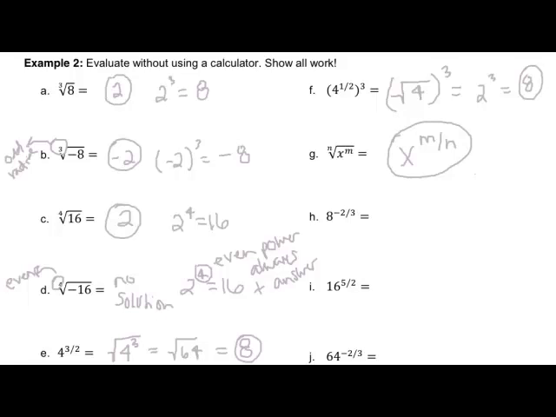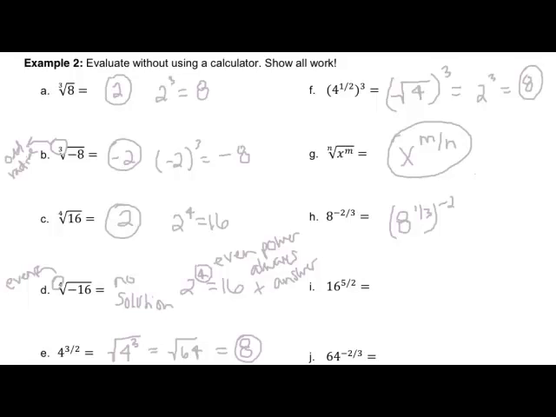For letter H, we have 8 to the -2/3 power. Now what we can do here is I want you to think about the exponent rules that we've talked about. When we have power to a power, we have to multiply the exponents. So for the -2/3 power, we can rewrite this as 1/3 to the -2 power, because we know that 1/3 times -2 is -2/3. So we can split apart using our exponent rules.